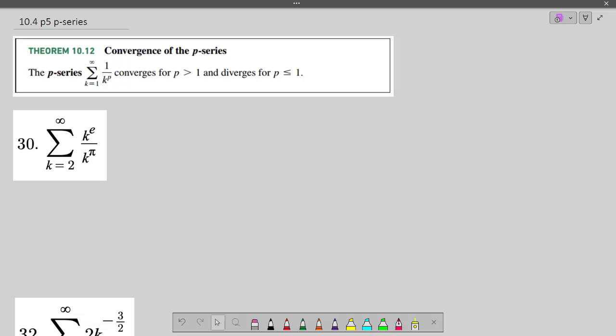P-series. So the p-series should be super intuitive because it should remind you of what we did in the last chapter when we had improper integration where the denominator was just the power of x. Instead, we have this infinite series, and the exponent's not an x, it's a p.